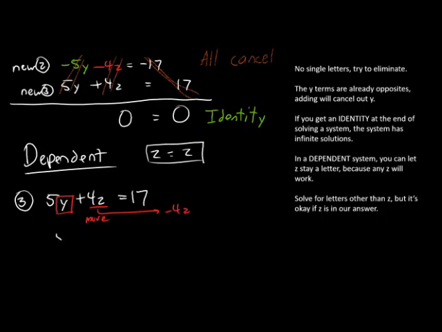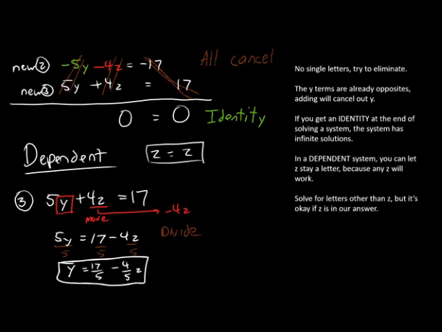This will leave us with 5y equals 17 minus 4z. Now we can divide all of the terms by 5. When we divide all of the terms by 5, we'll just get a lot of fractions. It won't be pretty, but that's okay. We'll end up with y equals 17 over 5 minus 4/5 z. This will be our solution for y.